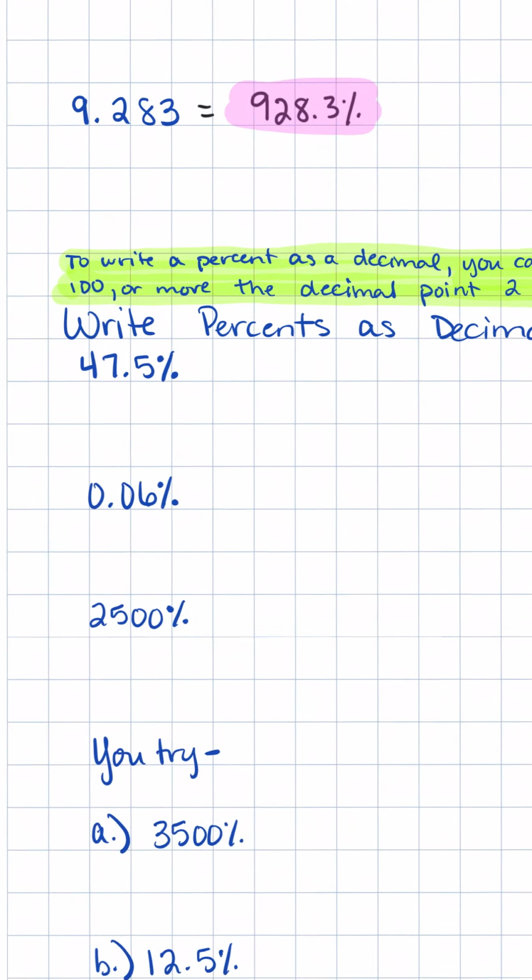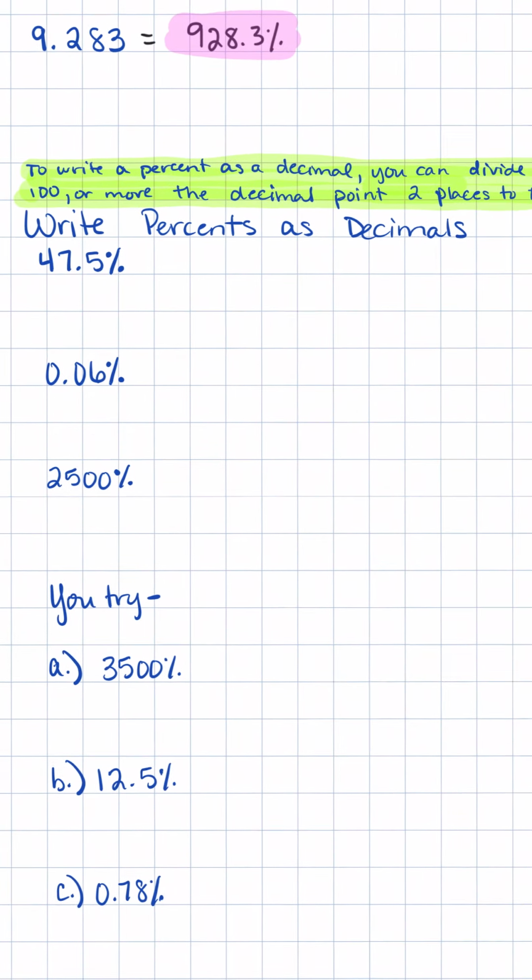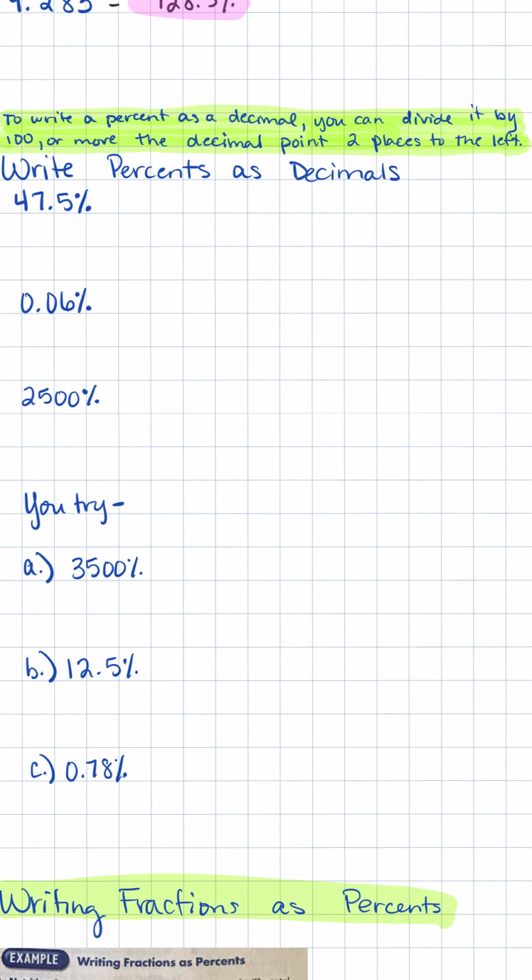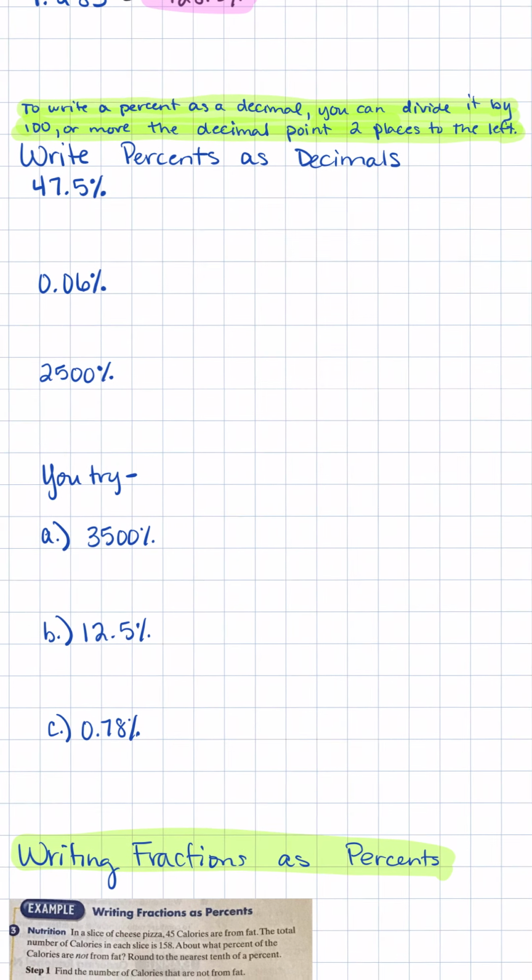Let's now look. To write a percent as a decimal, you divide by 100, or move the decimal point to the left 2 places. So we're doing just the opposite of what we did before. So 47.5 divided by 100 is going to equal 0.475.